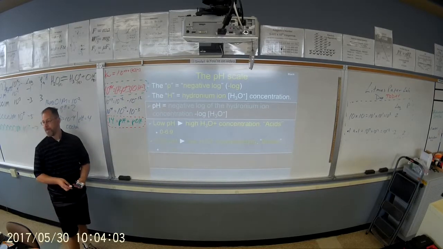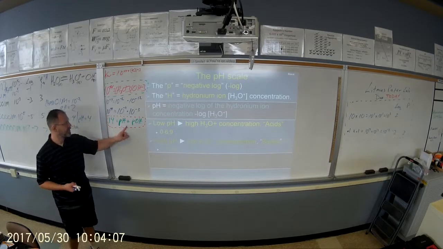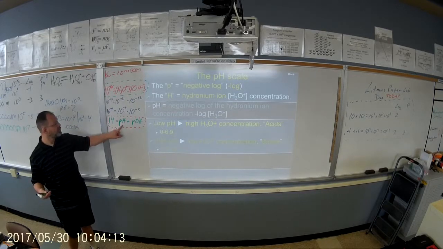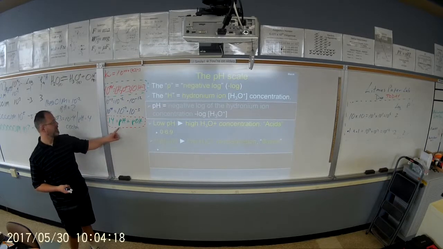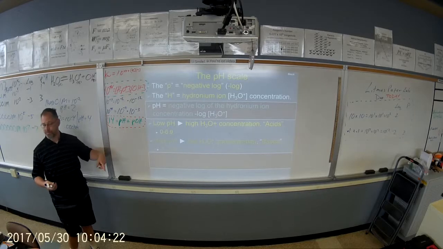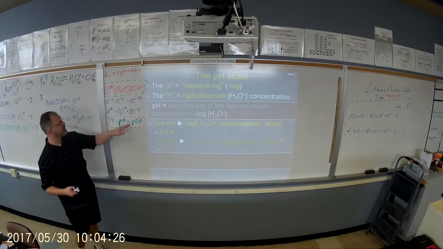It's really neat. So if you have a solution that has a pH of 6, the pOH has to be 8. Exactly. If you have a solution with a pH of 2, the pOH has to be 12. If you have a solution with a pOH of 8, then the pH has to be 6. There are 4 values: the hydronium, the hydroxide, the pH, and the pOH.